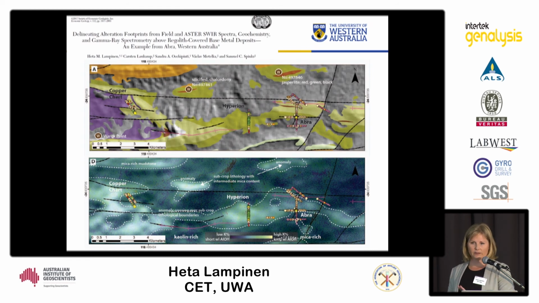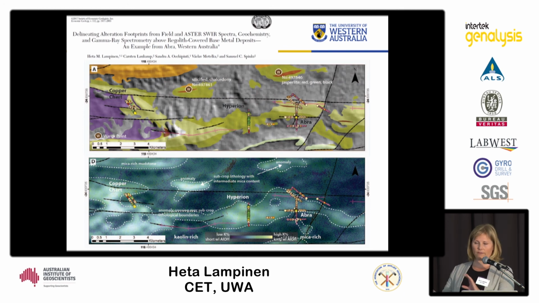So I collected spectra from the regolith, which showed that some of the white mica had a longer wavelength composition. There was some chlorite also preserved, and this coincides with the anomalously high potassium radiometrics composition, and also longer ASTER aluminum OH group composition.